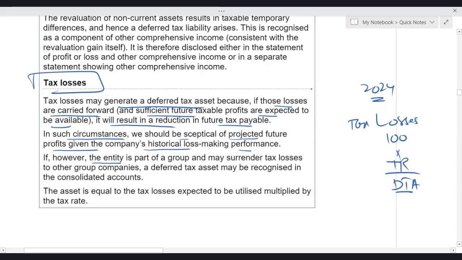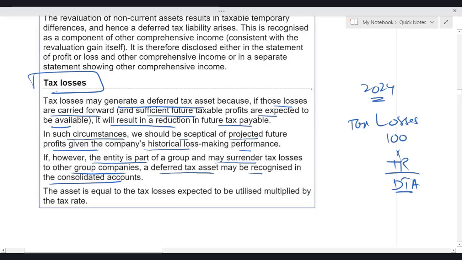If, however, the entity is part of a group and may surrender tax losses to other group companies, a deferred tax asset may be recognized in the consolidated accounts. If, for example, a subsidiary has surrendered its loss to the parent and the group is saving the tax, then in the group accounts you can recognize the deferred tax asset.